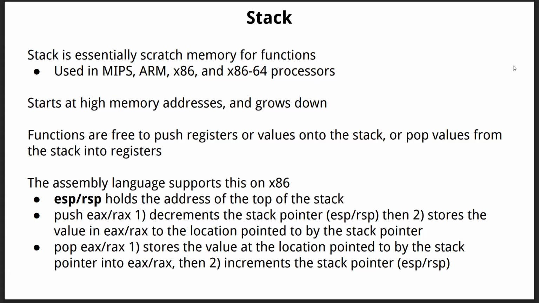After that, it will increment the stack pointer. In a 32-bit machine, push or pop will decrement or increment by 4 bytes. In a 64-bit machine, it will be 8 bytes, because when you push RAX, it stores 8 bytes of data, not 4 bytes. Those are the basic operations, push and pop.